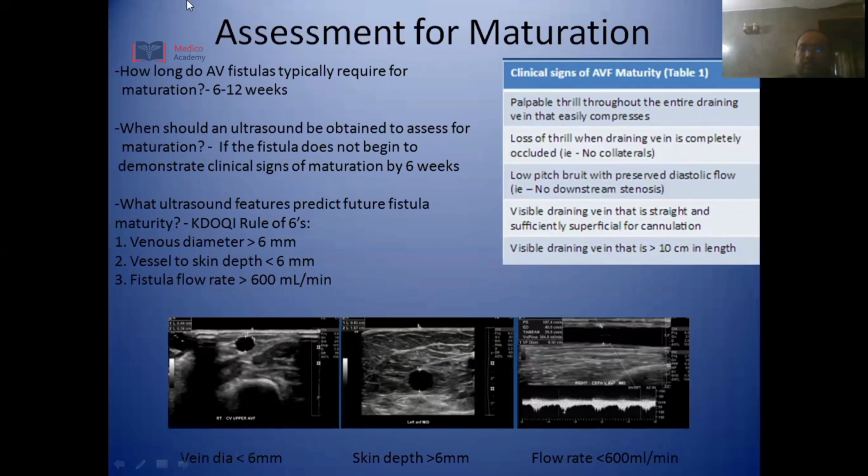The clinical signs of AV fistula maturation are tabulated here, and this has been taken from the renowned article where they have done this study. A palpable thrill throughout the entire draining vein that easily compresses, loss of thrill, low pitch bruit, preserved diastolic flow, a visible draining vein that is straight and sufficiently superficial for cannulation, and a visible draining vein that is more than 10 centimeters in length.